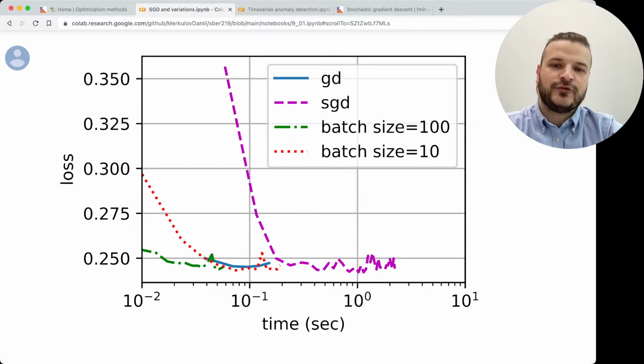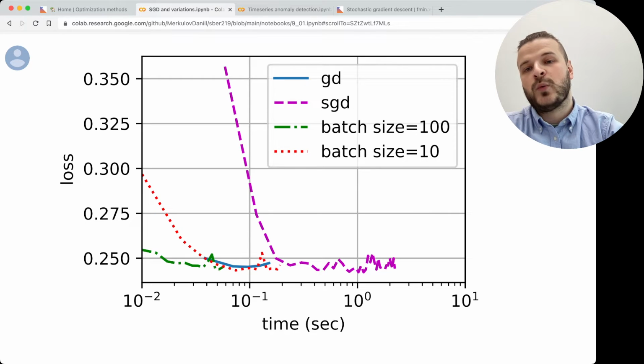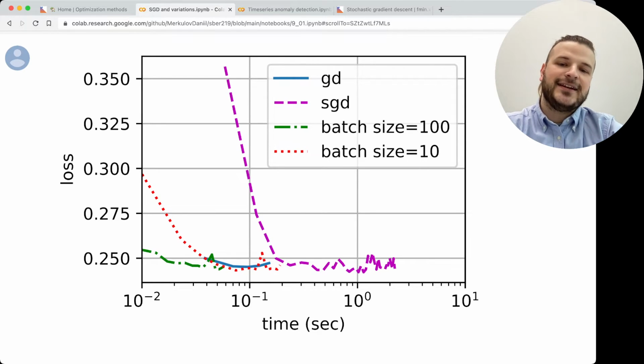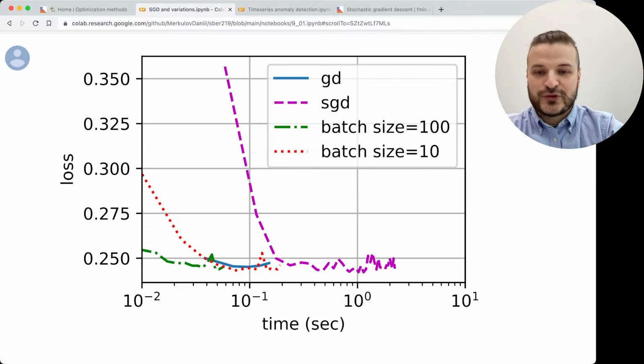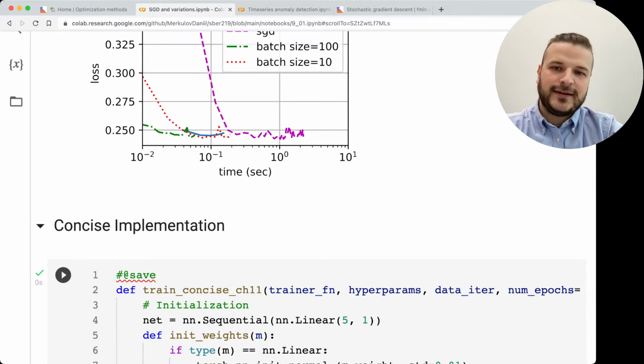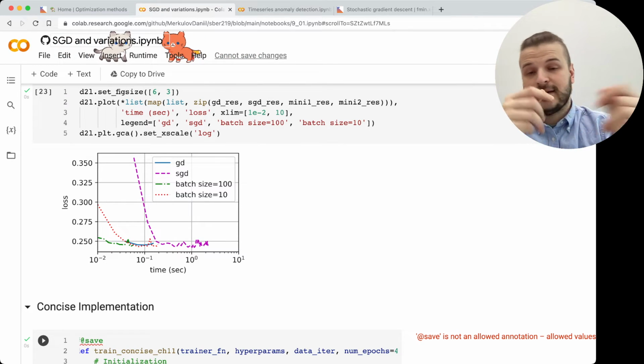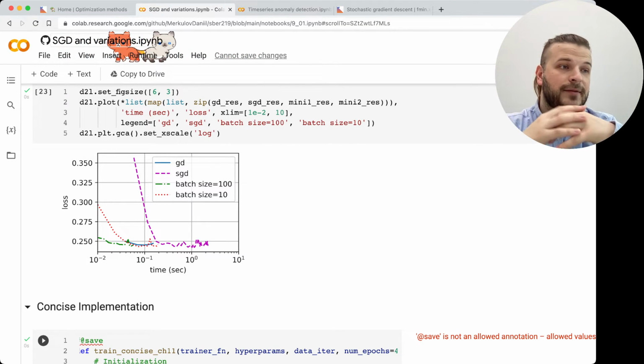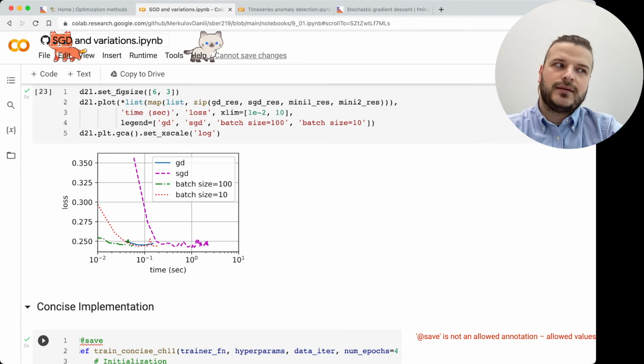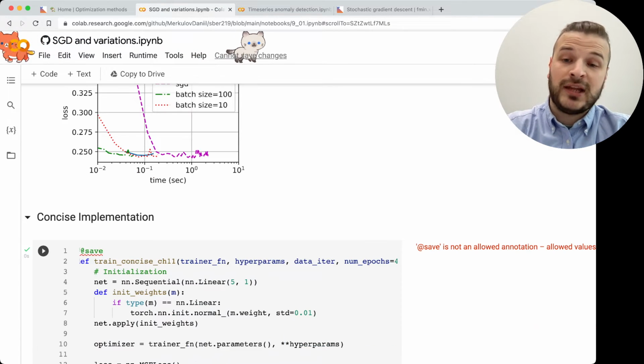And this trade-off is very interesting. Here again, from the purple line, you're evolving first to the batch size equal to 10, then to the batch size equal to 100, and at the end you go to full gradient descent, which is here. That's always a trade-off between the batch size, the complexity of one iteration, and the total number of iterations.